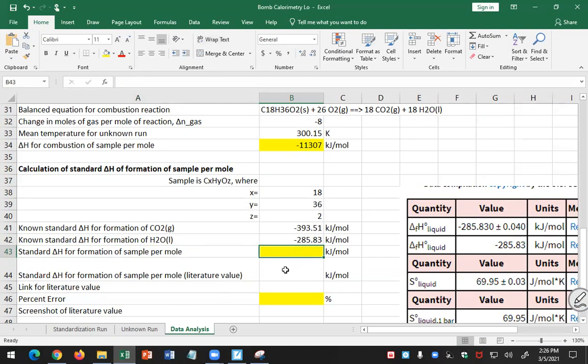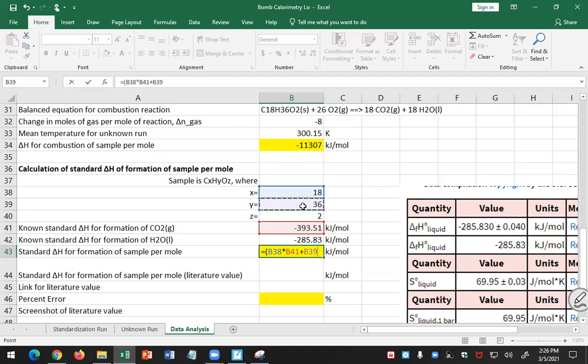So what was our formula? Equals delta H combustion per mole of sample minus, or no, equals x, which is this one, times the value for CO2, that one, plus y over 2, that divided by 2, times the value for water, right?